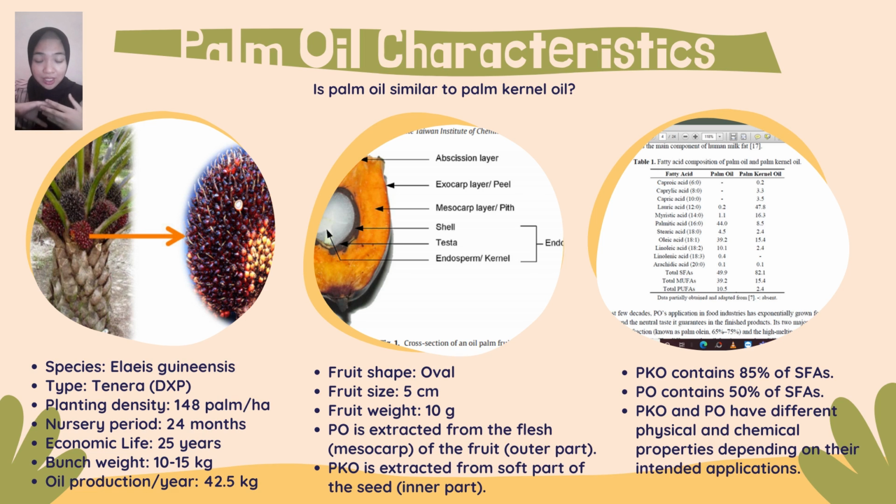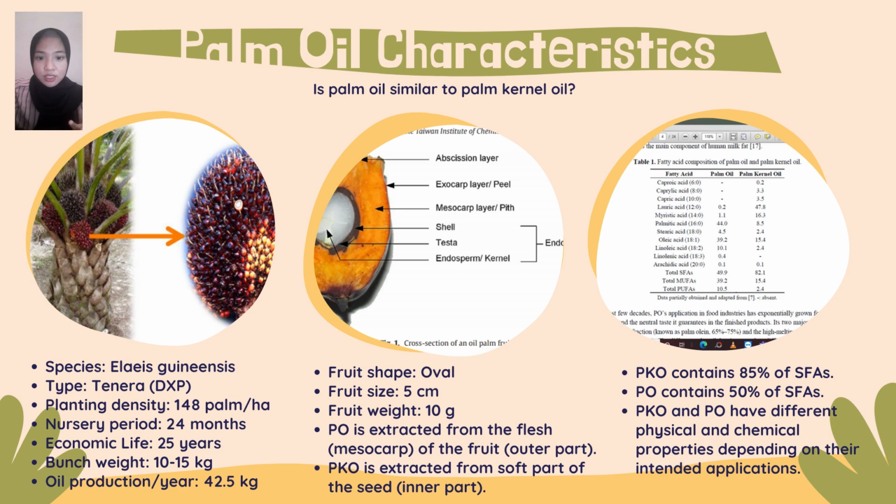Both of these oils come from the same fruit, but they have very different unique properties, which means that PO is a balanced composition of saturated and unsaturated fatty acids, coupled with nature's gift of high vitamin E content.